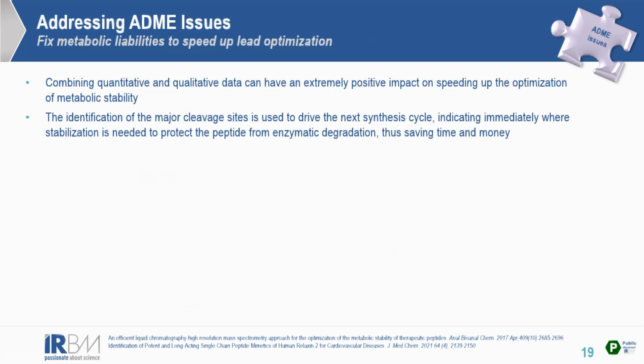peptide drugs. To speed up the optimization of peptide metabolic stability and limit the number of resources used, an efficient bioanalytical method was developed. This method ideally combines a quantitative determination of metabolic stability and a qualitative identification, structural elucidation of metabolites in preclinical plasma samples, using a combination of liquid chromatography and high-resolution mass spectrometry.